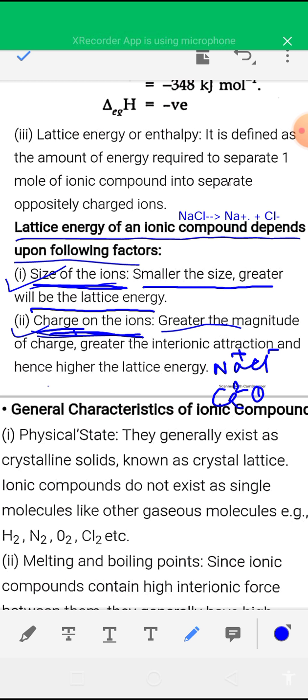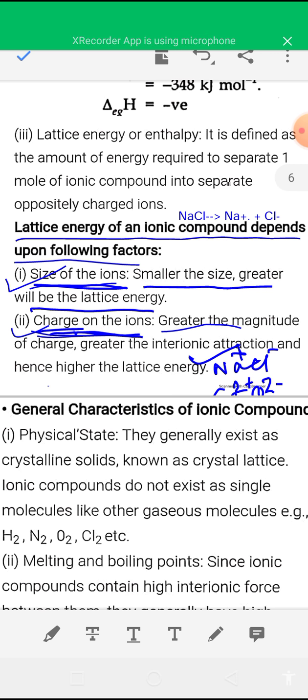In CaO, calcium oxide, charges are +2 and -2. So greater force of attraction in calcium oxide than NaCl. So lattice energy of calcium oxide will be higher than lattice energy of NaCl.